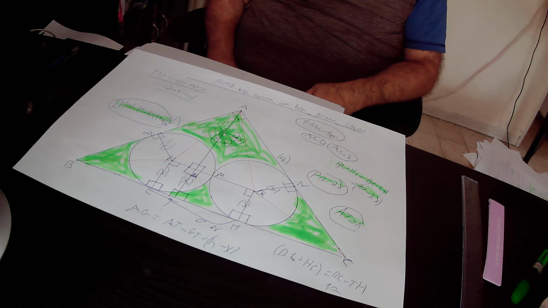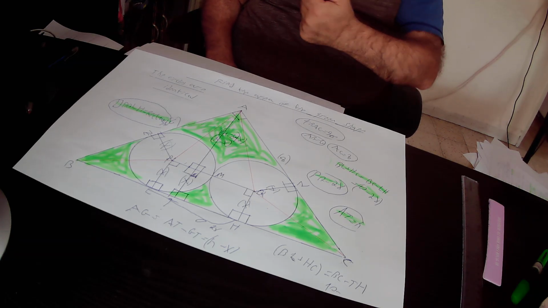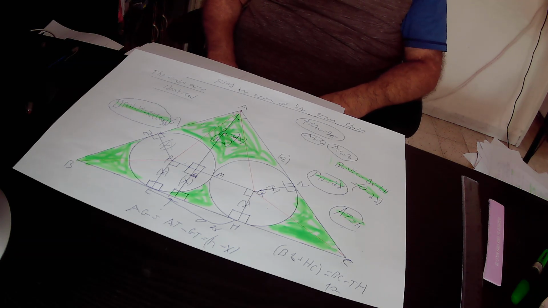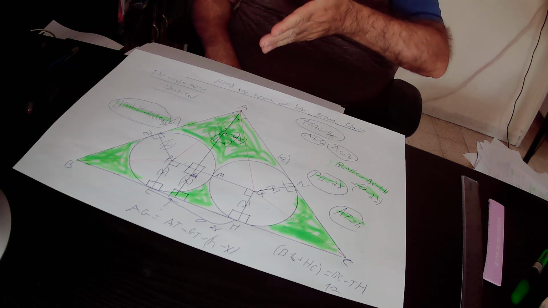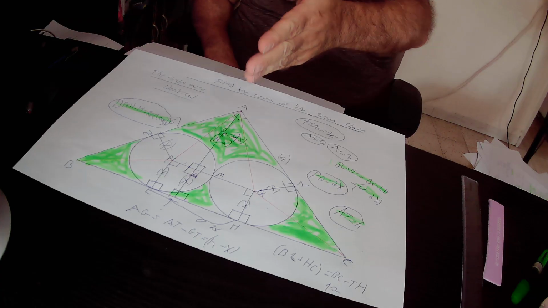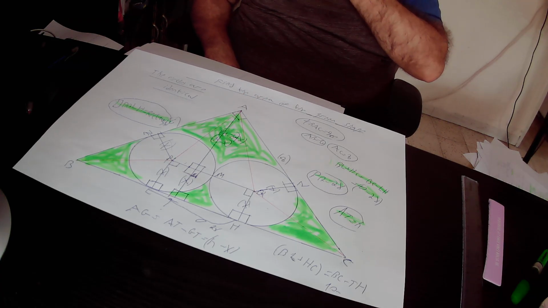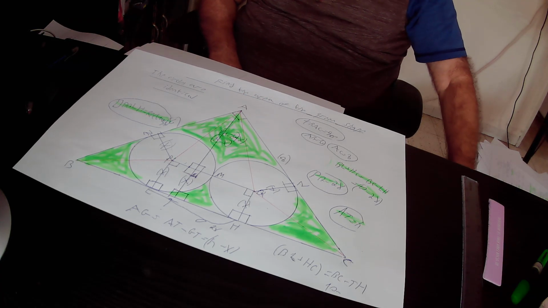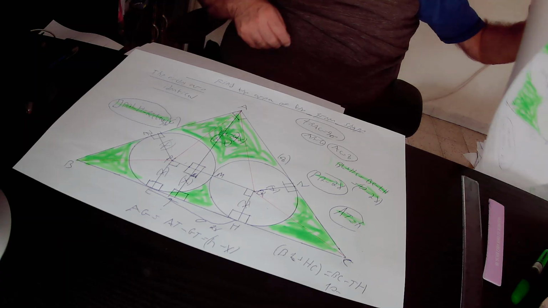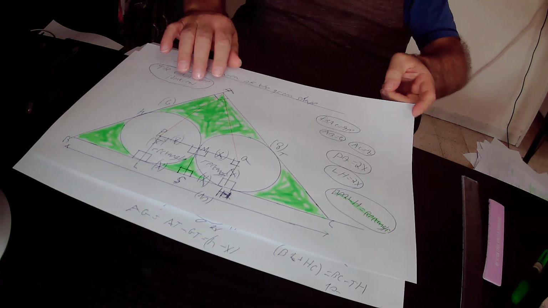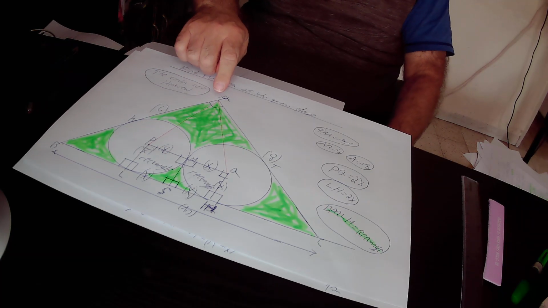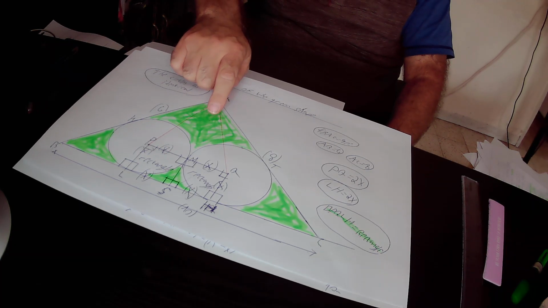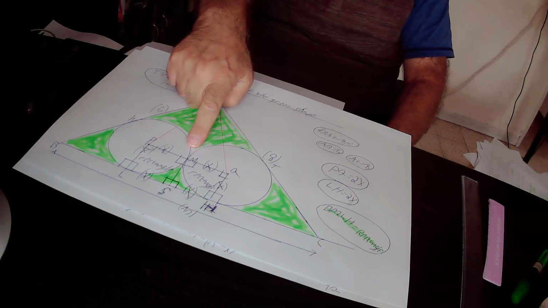Okay. The reason that we have to draw another drawing is because when we draw from point A a perpendicular to BC, it does not necessarily pass through the touching point.